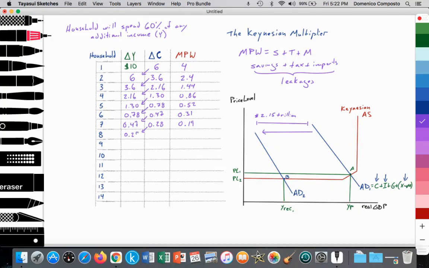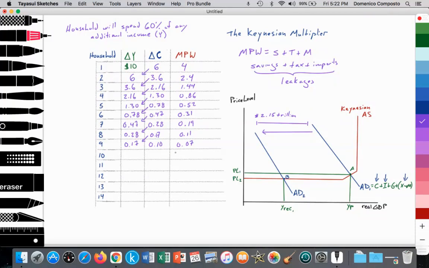Here we have household number 8 getting 28 cents. They will spend 17 cents. And they will save or a certain amount will be taxed or leave the country as imports are purchased, 11 cents. 17 cents going to household number 9. They will spend 60% of that, so about 10 cents.